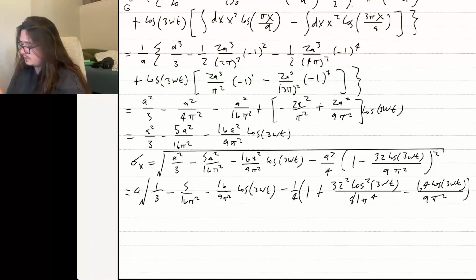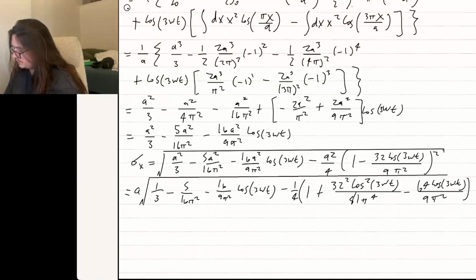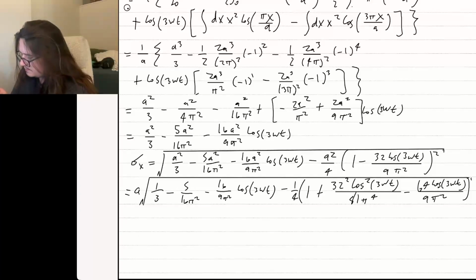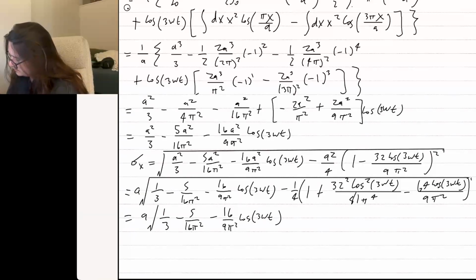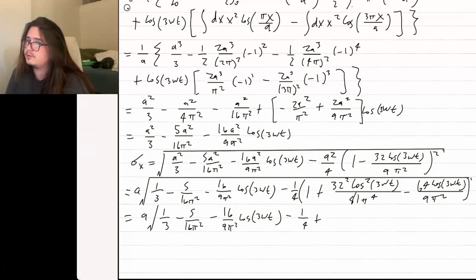Right. Now I'm going to move the 1/4 through. So I got the junk out here. This is leading to something that I'm excited about. It's minus 1/4 plus, and then 32 over 4, or 32 squared over 4 is the same as 32 over 2 squared.